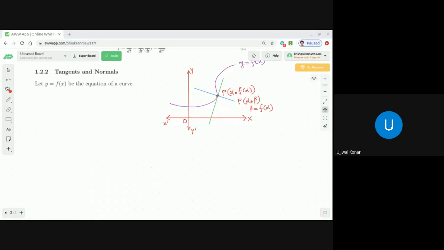Then dy/dx at the point (alpha, beta), that is f'(alpha), represents the slope of the tangent to the curve at the point (alpha, beta) on the curve y equal to f(x). Correct or not? So let me take it from the study material and explain this.